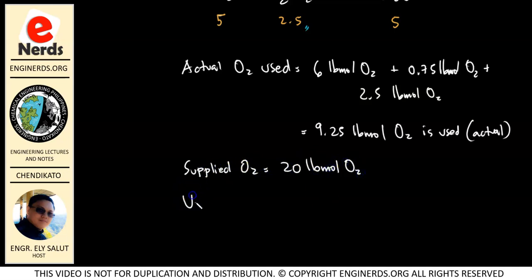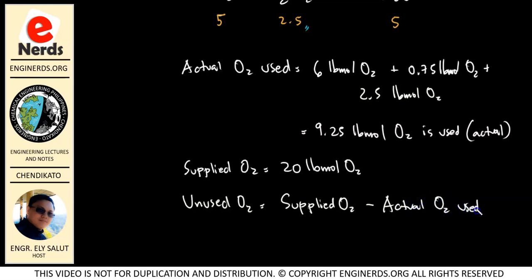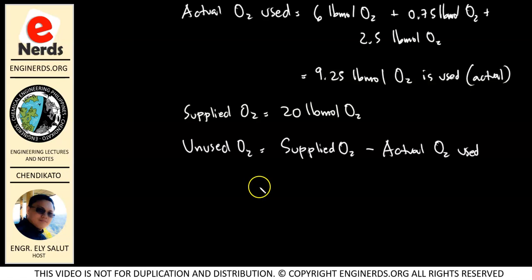Now, the unused O2 is equal to supplied O2. Ito gaano karaming O2 yung pinasok natin sa ating system minus yung actual na O2 na nagamit. So, actual O2 use. Okay, so therefore, our unused O2 is equal to 20 pound moles of O2 minus yung actual O2 use, which is 9.25 pound moles of O2.